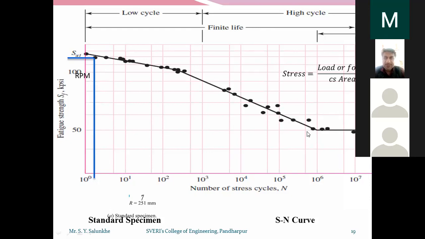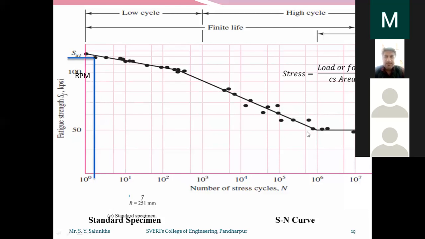It may range from non-metallic materials like wood or plastic, to metallic materials used in machineries like bronze or steel, various types of steels, or stainless steel. All these metals which we are using nowadays have the standard specimen curve or SN curve, which you can get in a design data book, or nowadays you can refer to it on Google also.